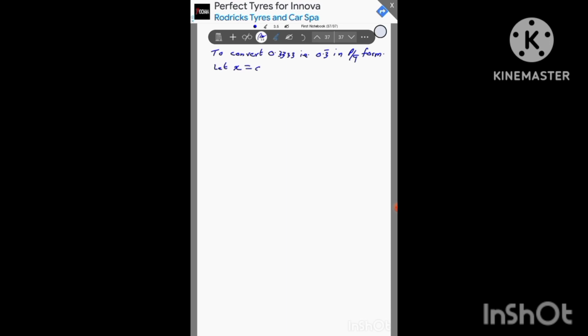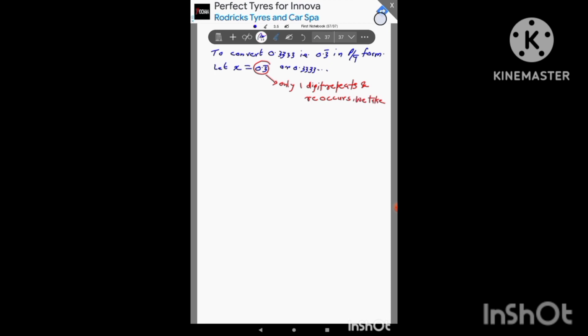Let us take x equal to 0.3 bar, so x is equal to 0.3333, many times it repeats. There is only one digit which repeats. It is a unique technique. We take 10x. Had there been 2 digits, as you will see in the next problems, you will take 100, and for 3 digits repeating you will take 1000. That makes the problem very simple.